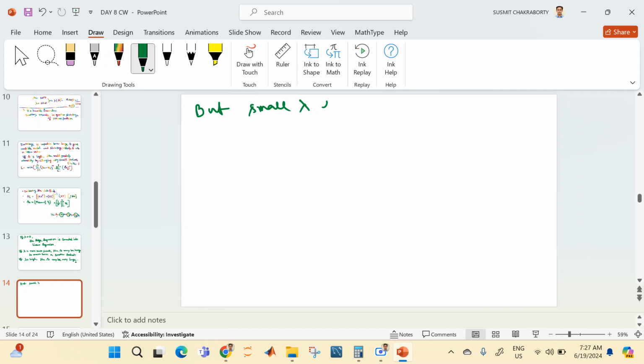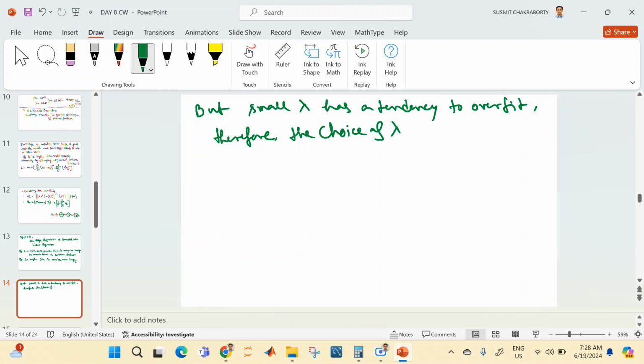Small lambda has a tendency to overfit. Therefore, the choice of lambda should be optimum.